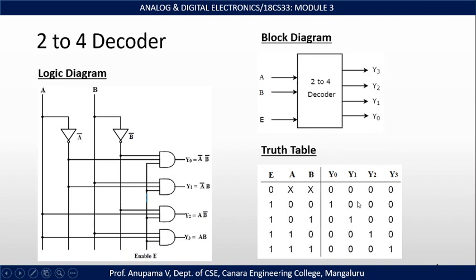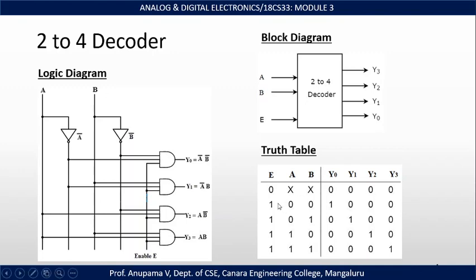When enable is 0, irrespective of A and B value, Y0, Y1, Y2, Y3 will be set to 0. When enable equal to 1, one of the output, that is Y0 to Y3, will be active or will be outputting the value logic 1.